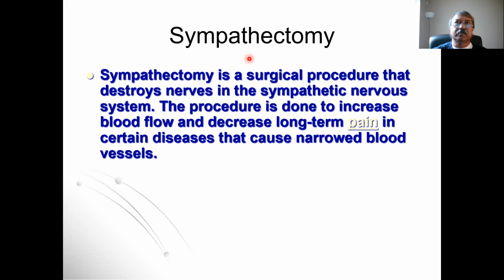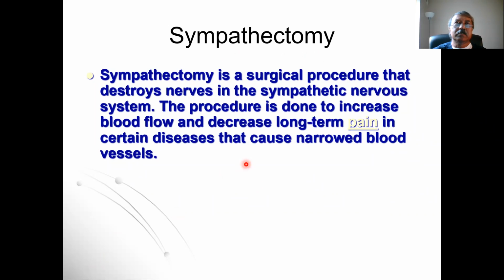They use laser. They can use simply electricity, or they can use some other means. Some chemical they can use to destroy, to clean the area, the nervous system, so pain is decreased, blood flow is increased.